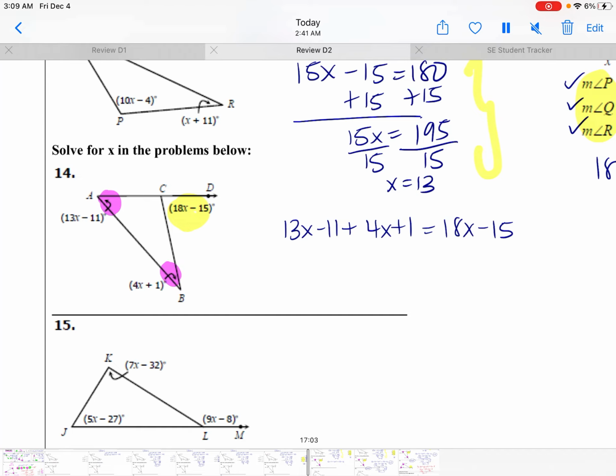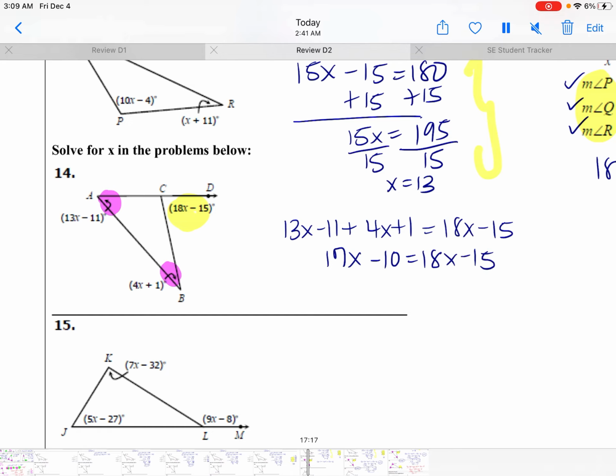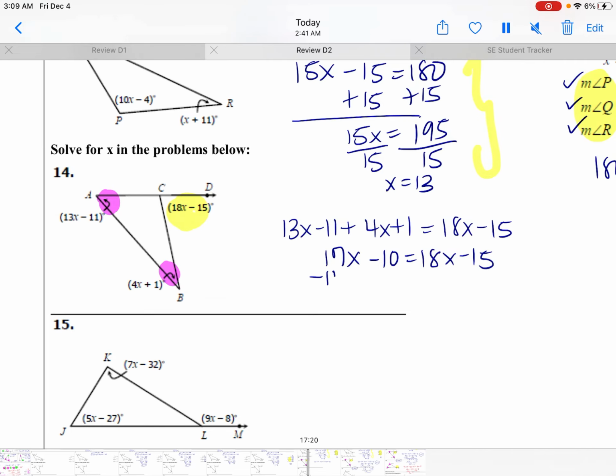Here I'm going to combine the like terms on one side of the equal sign. 13x plus 4x is 17x. Negative 11 plus 1 is going to be negative 10. And bring down the 18x minus 15. Because we have an x term on both sides of the equal sign, you're going to be moving the smallest x term.